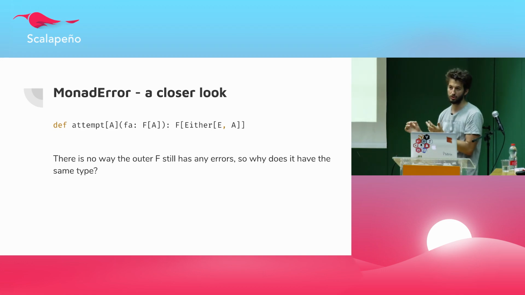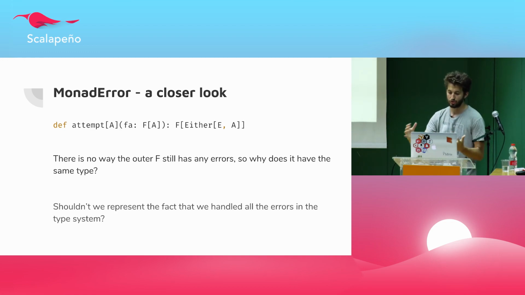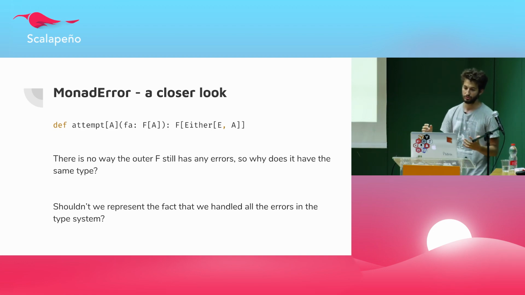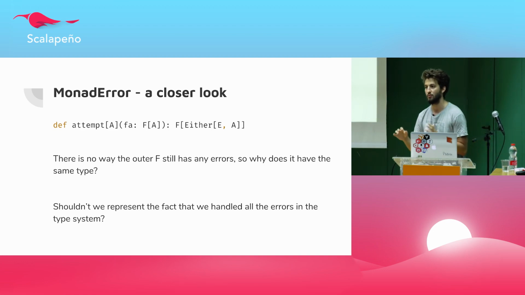That can be easily shown by just calling attempt a bunch of times on a value. Then what we get is an Either of Either of Either of Either of Either. So we get this huge stack of Eithers because we can keep calling attempt on it. It becomes completely nonsensical, right? And shouldn't we represent the fact that we handle all of the errors? Shouldn't we represent that somehow in the type system?